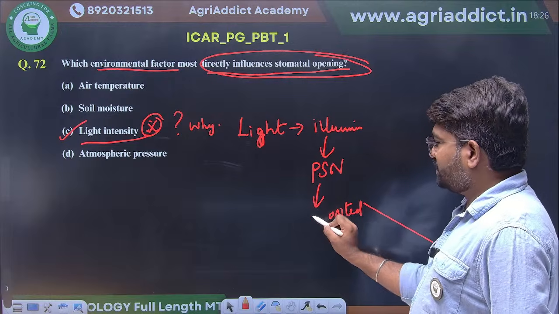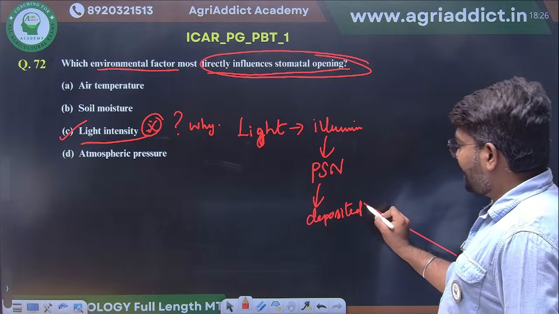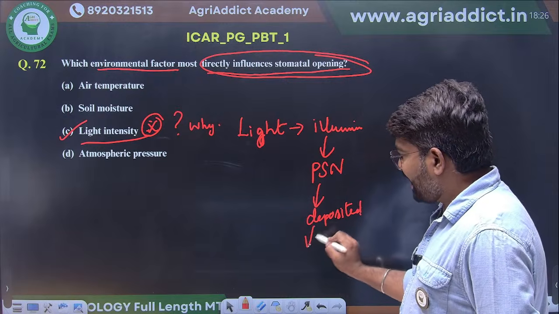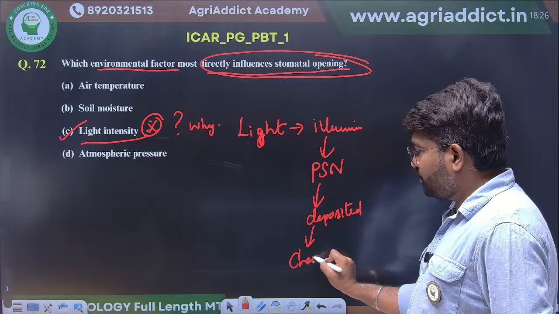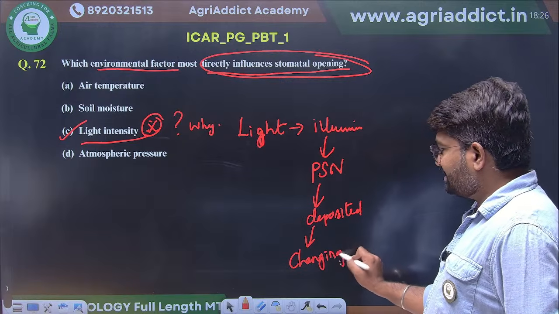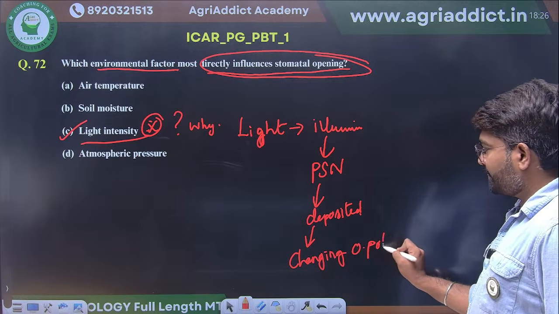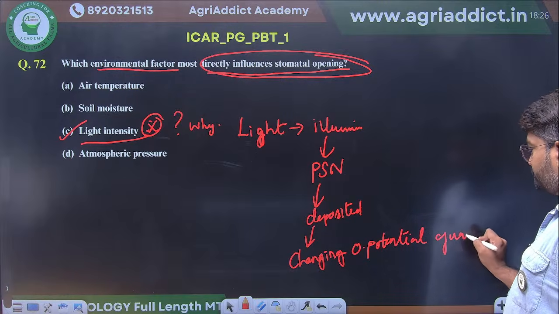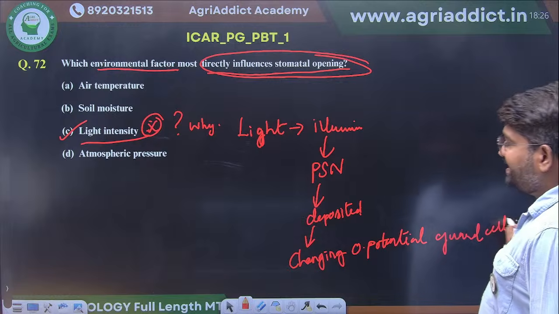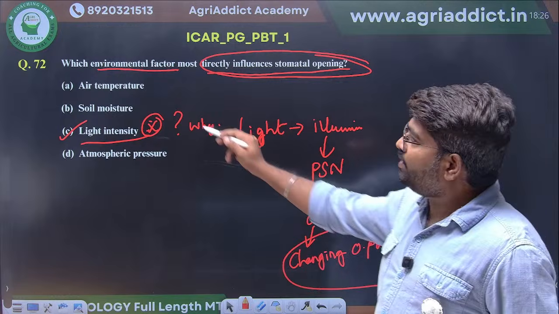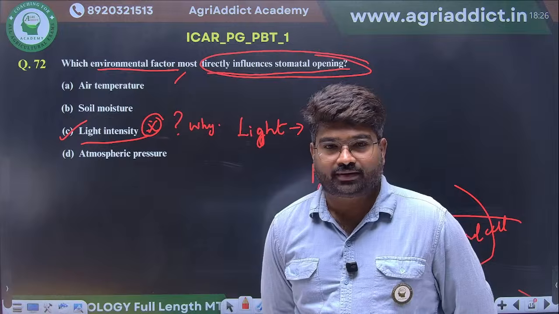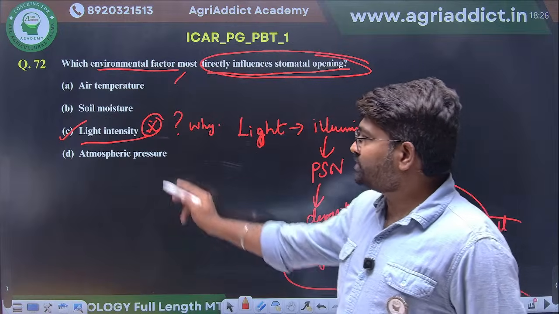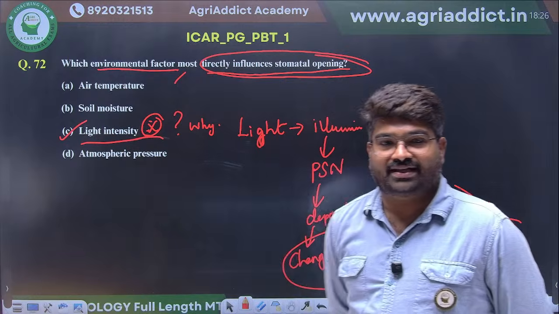This will act in changing the osmotic potential of guard cells. By changing this, stomatal opening and closing can be controlled. Yes, Uday Lakshmi, correct answer. C is the correct option. So, light intensity is the correct answer.